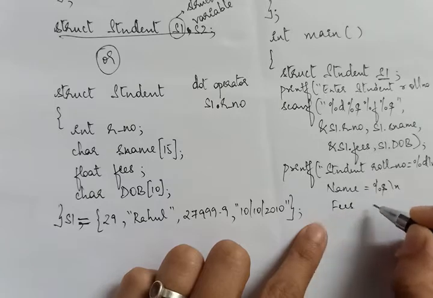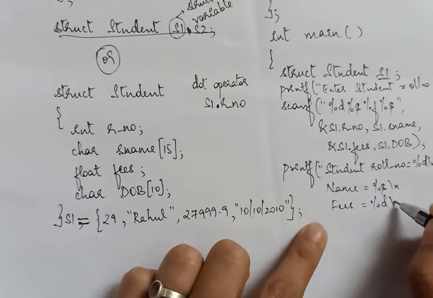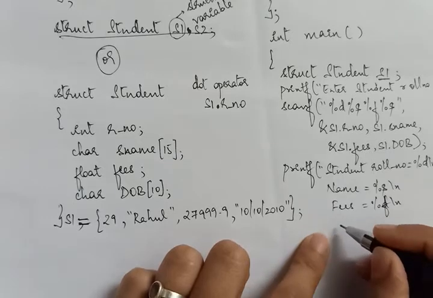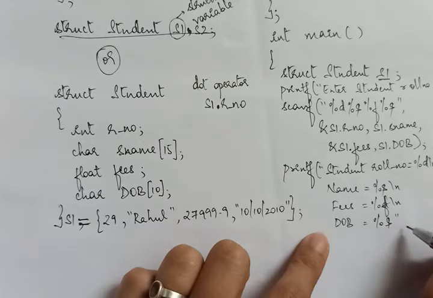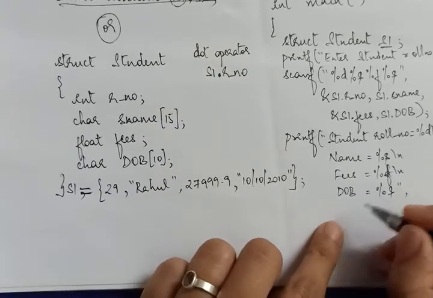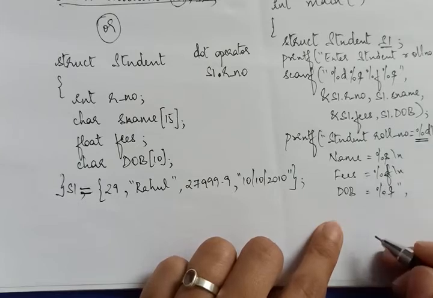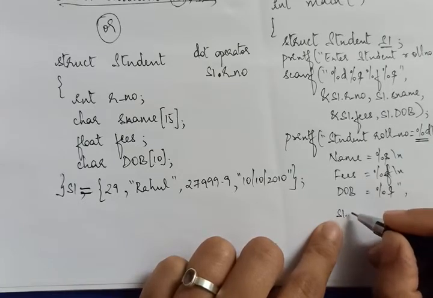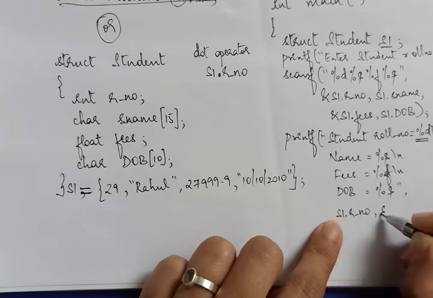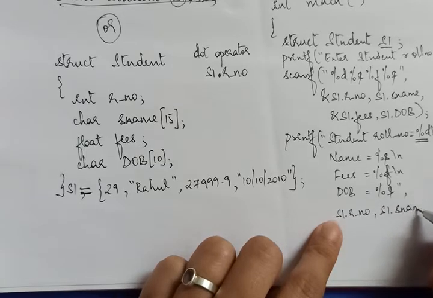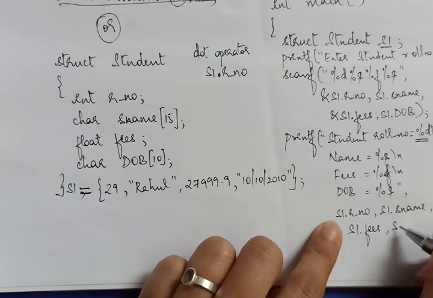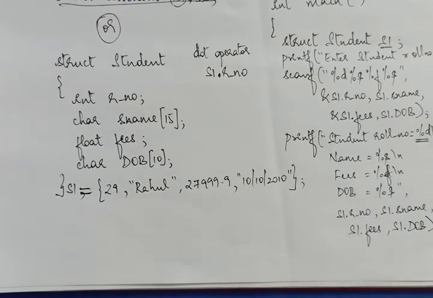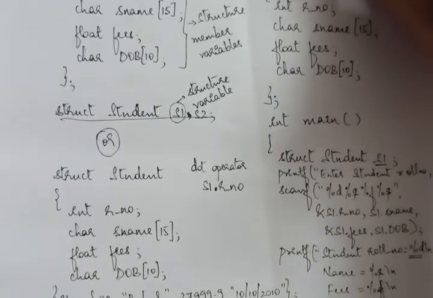Next comes fees, %f \n, and then the date of birth, %s. So here you can specify. So what is the first value that has to be printed? It is s1 dot r number, comma s1 dot s name, and s1 dot fees, s1 dot dob. Okay, so this is how you read and print student details.